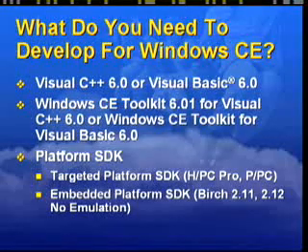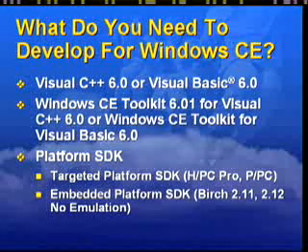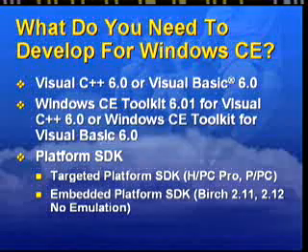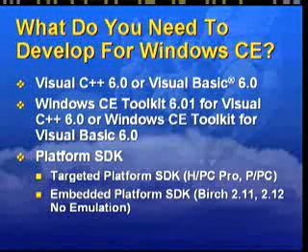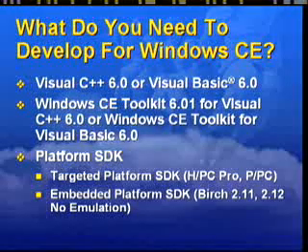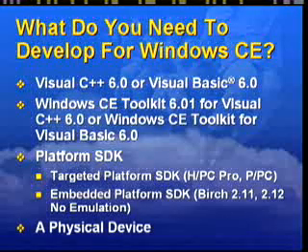There are the targeted platforms, which include the HPCs, the palm-sized PCs, the HPC Pro, Auto PC, and even Sega's Dreamcast, which will be released later this year. Then there are the embedded platforms, which, as you saw in the keynote, you can create your own custom OS using Platform Builder and export the appropriate SDK for that. And finally, you will also need a physical device to verify your program.